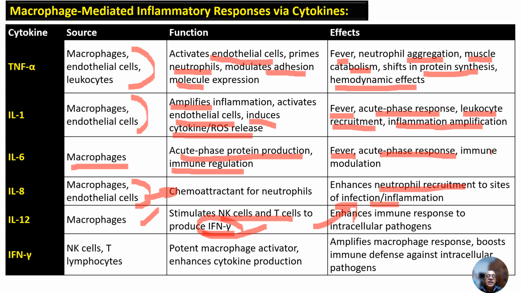Gamma interferon that is produced by the NK cells, natural killer cells, and T lymphocytes is a potent macrophage activator, and it enhances cytokine production. So they amplify the response of the macrophages and boost immune defense against intracellular pathogens.